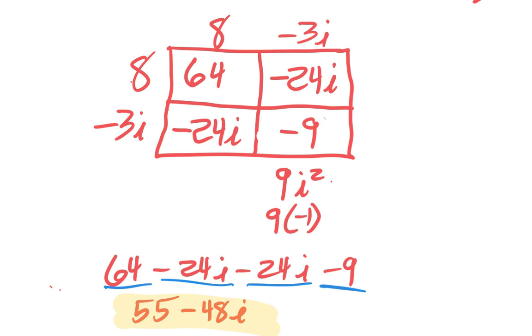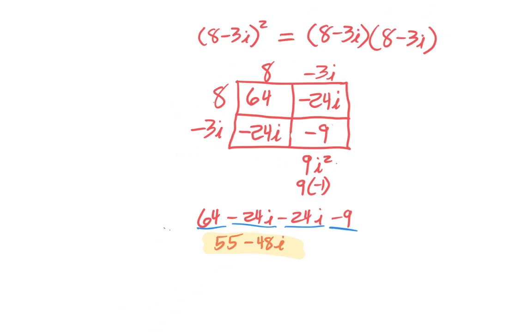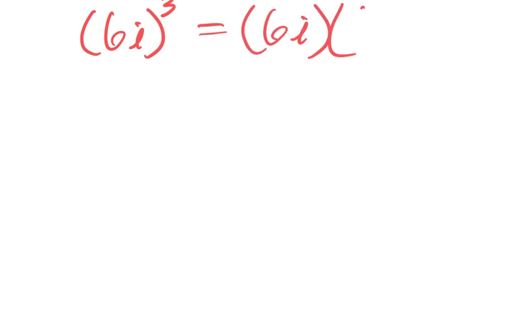Let's go back a page. Blank page. I'm ready to delete all of this. So I have 6i raised to the third power. So really, that is just 6i times 6i times 6i.